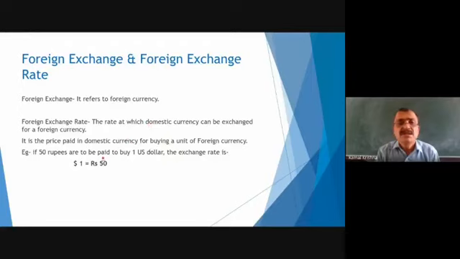For example, $1 is equal to rupees 50. It means rupees 50 is equal to 1 dollar. Both have the same purchasing power, dollar and rupees. Why is the dollar stronger than rupees?